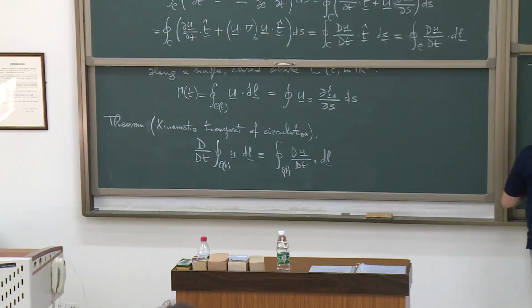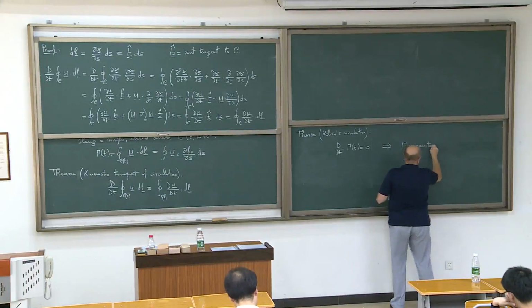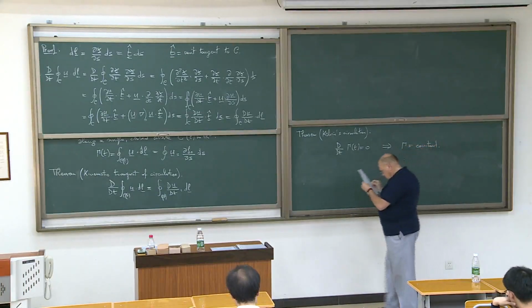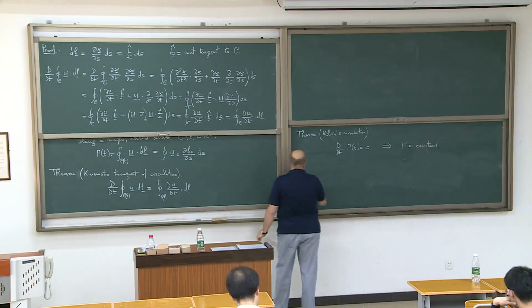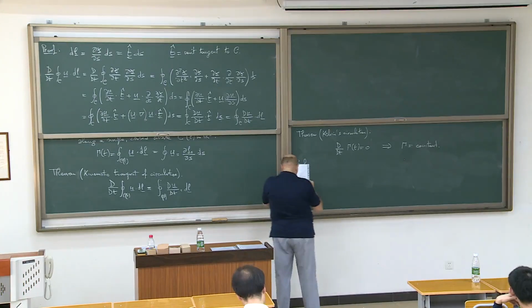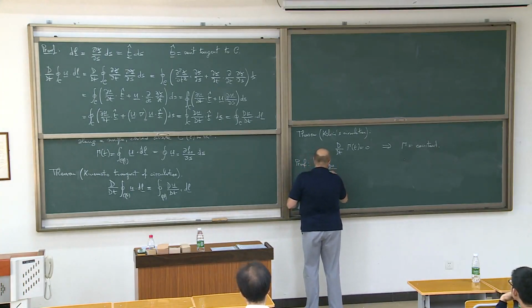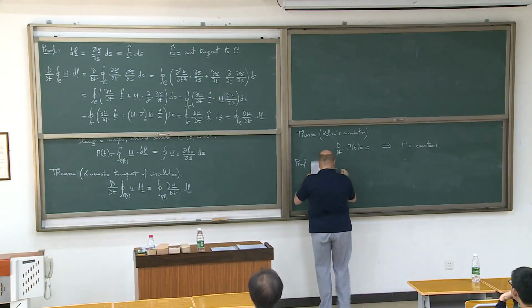And this is d/dt of gamma(t) equals 0. That means that gamma is constant. Okay, so this is obviously an exercise once we know the equations. Integral of du/dt in dl.